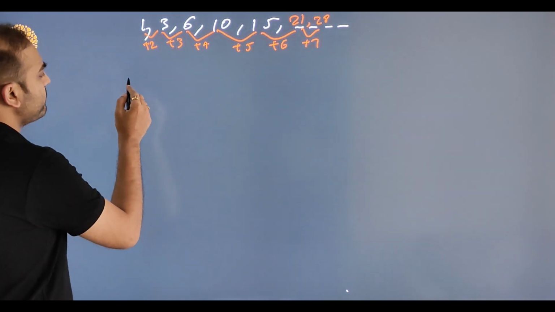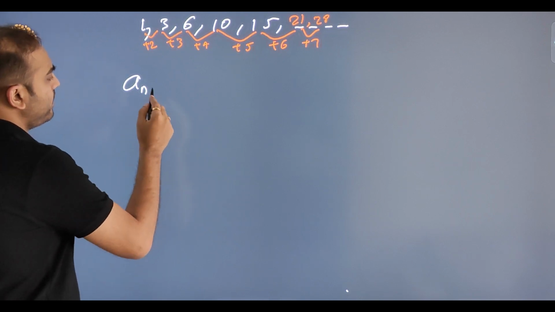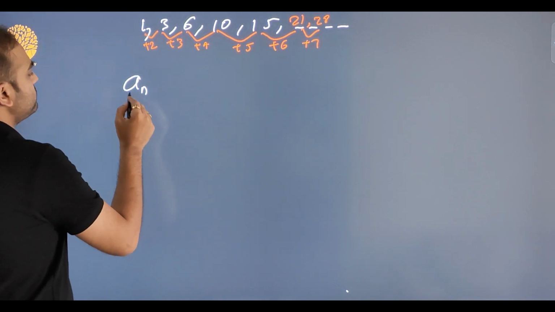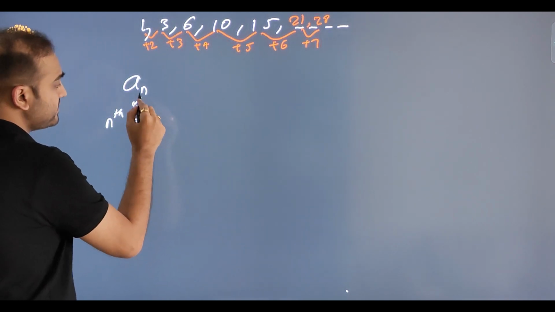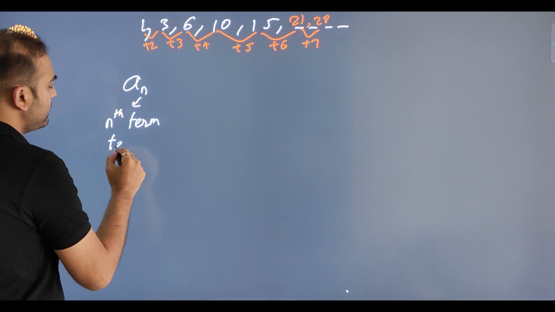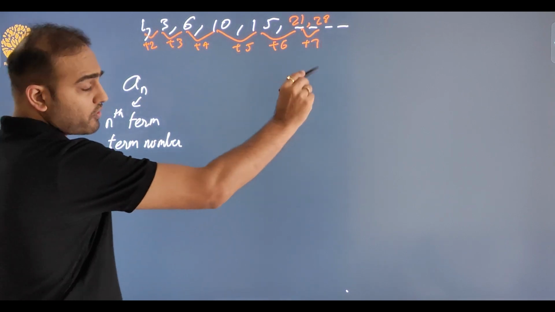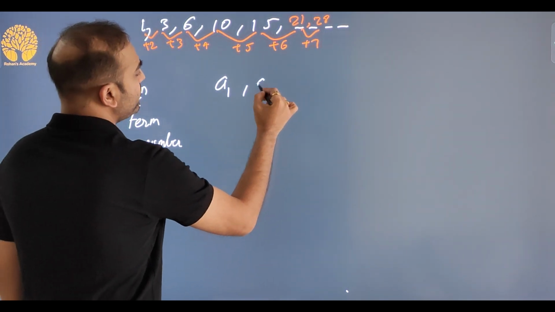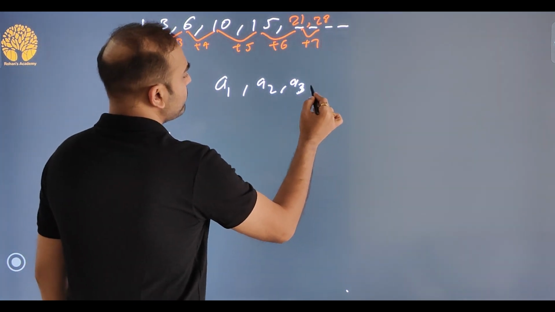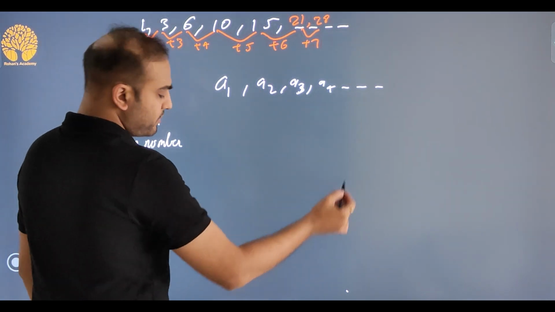For example, the nth term, an, the significance of this n is that it is the term number. What number of term in your series? Your terms are a1, a2, a3, a4, and so on, so this is the first term, second term, third term, and so on.